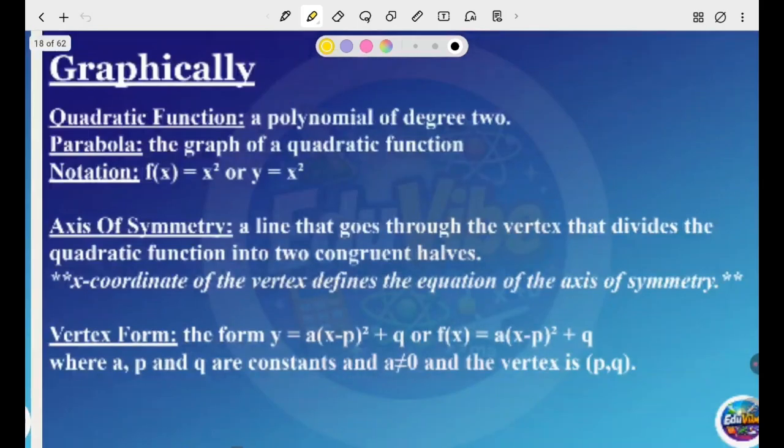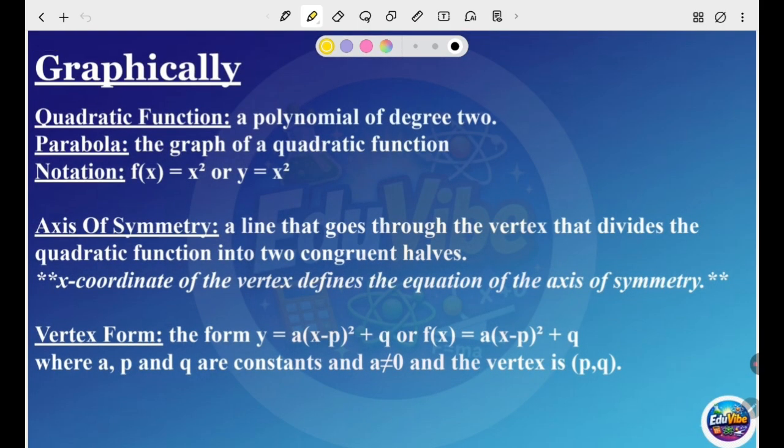So let's start with what a quadratic function is. When we move on to graphs, we change the name from quadratic equations to quadratic functions.